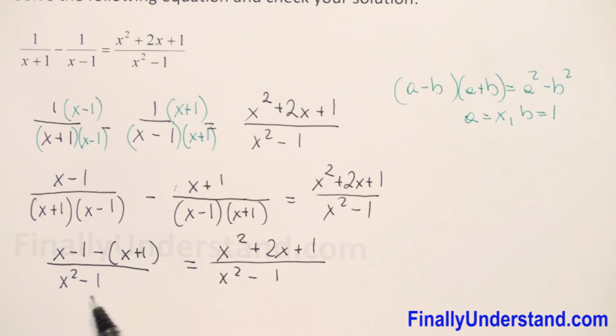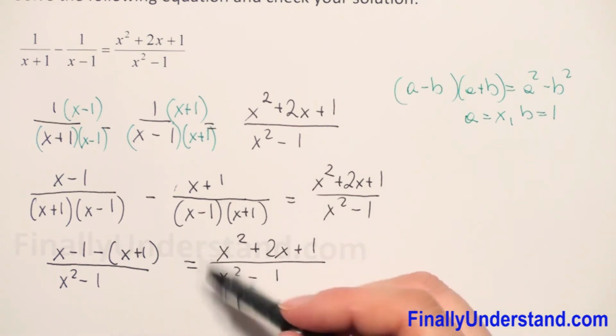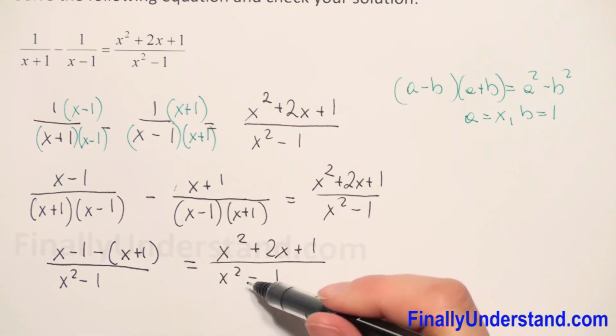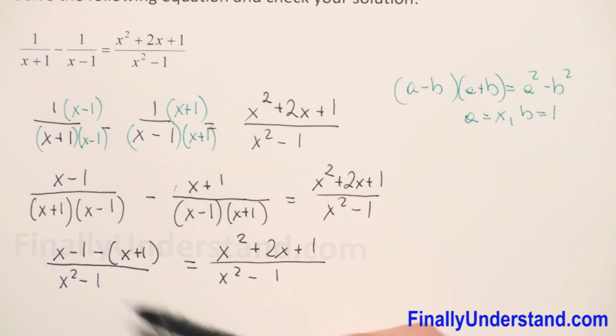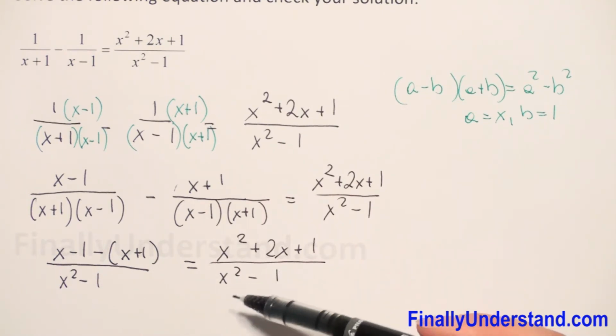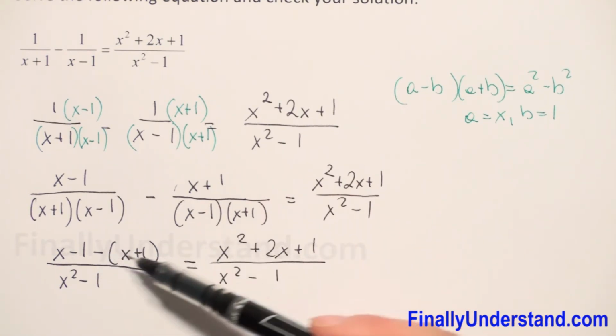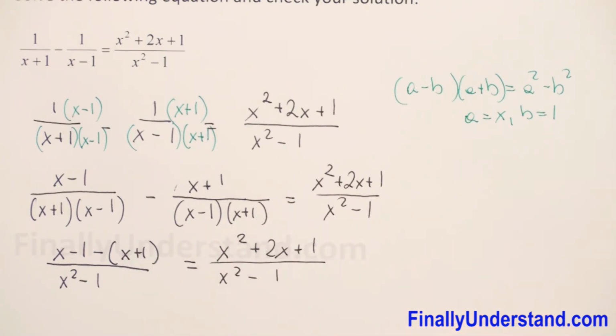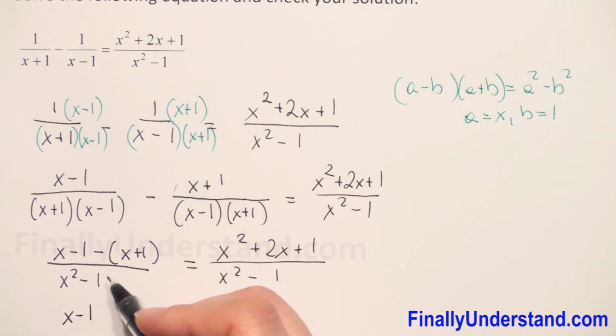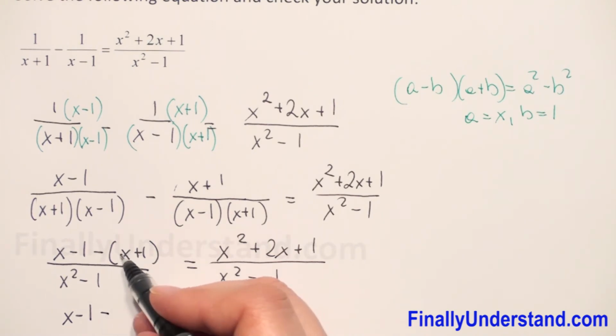Now we see that the denominators on the left side and on the right side are the same. So when will the left side be equal to the right side? Only when numerators are equal. So we can forget about denominators and compare only numerators. So we have x minus 1, negative sign before parentheses, so we have to change the sign.